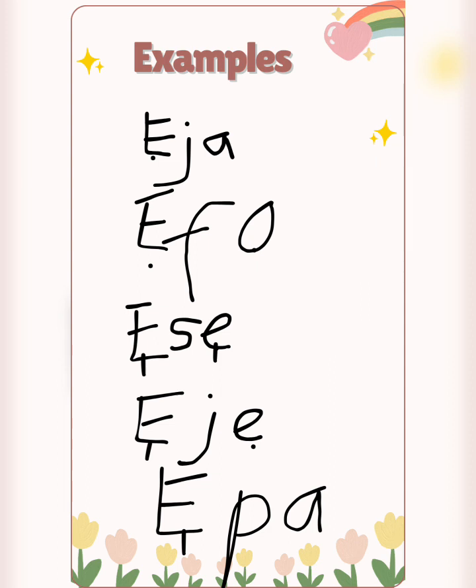Then we have another example, ẹsẹ̀. Can you guess what ẹsẹ̀ means in English language? You can see the spelling is directly after EFO that we spelt. This one is ESE, but if you put the S sound, it will be E-C-E. So we call it ẹsẹ̀. Can you guess it?